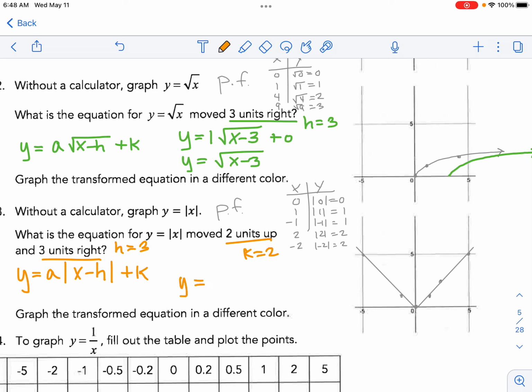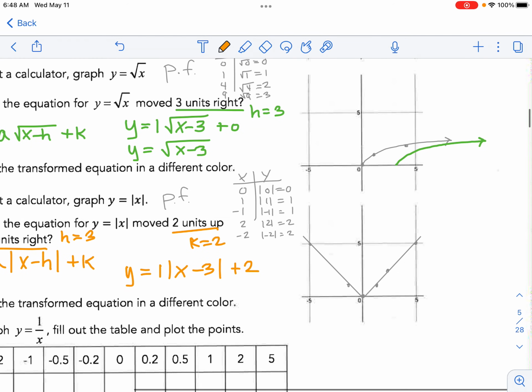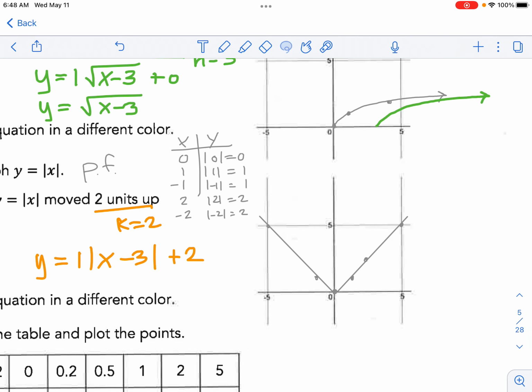So now we're looking at y equals, we're not stretching it, so it's 1 times the absolute value of x minus 3, plus 2. Which means we're taking this absolute value, I'm going to duplicate it, and go up 2 and right 3, which is about right there.